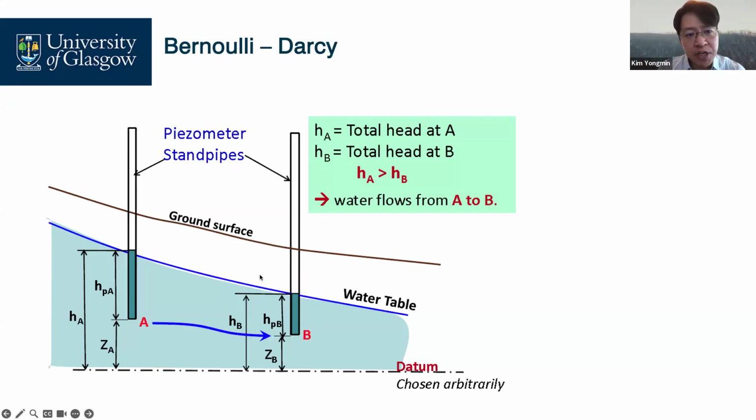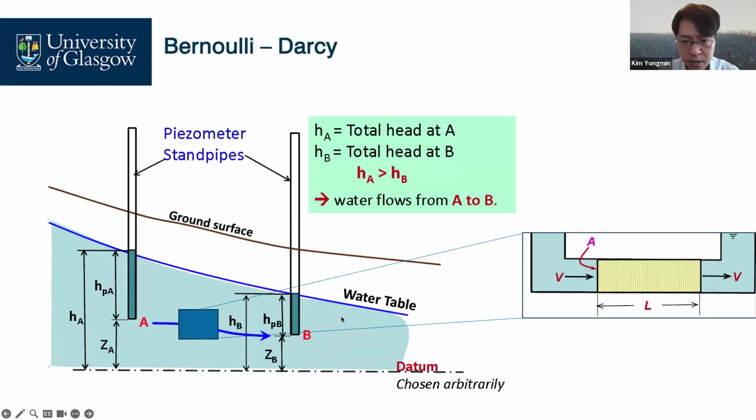The Bernoulli equation gives us total head: elevation head plus pressure head. That's why water flows from A to B, because the total head at A is greater than at B. And Darcy's law uses the difference in hydraulic head to determine flow velocity.